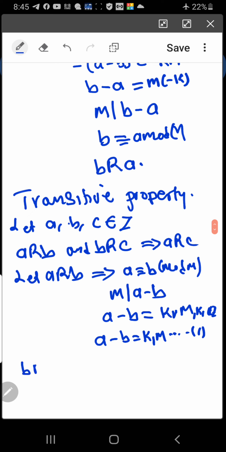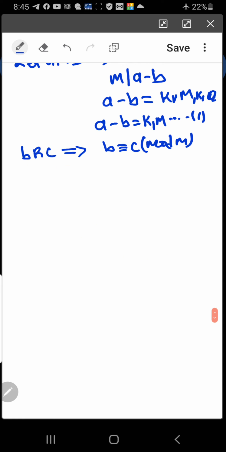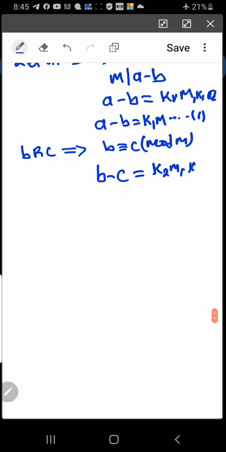B relating C by the same definition means that B is congruent to C modulus M. It means B minus C is equal to K2M, where K2 is coming from Z. That means B minus C is equal to K2M, equation 2.